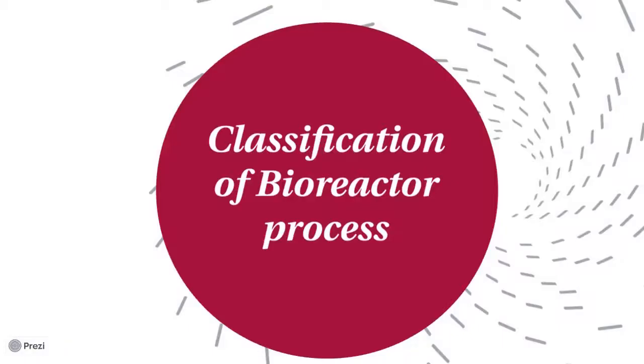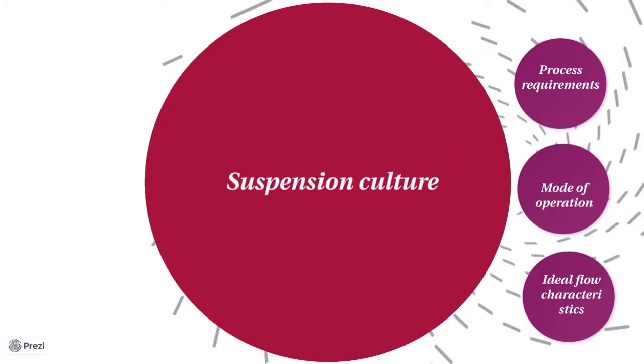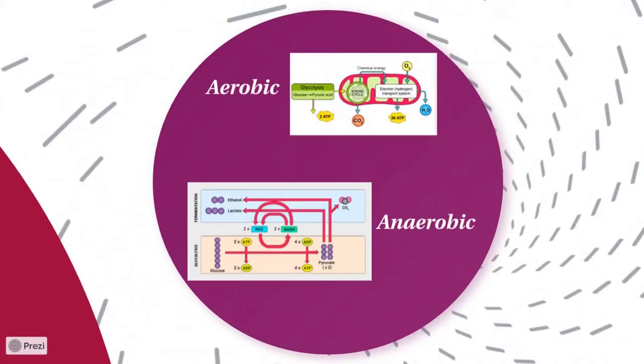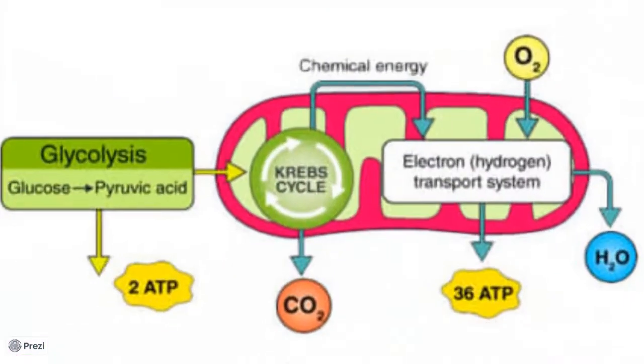The bioreactors have been broadly classified upon various categories as process requirements, mode of operation and ideal flow characteristics for the suspension cultures. Any given process can be broadly classified into aerobic and anaerobic. Aerobic processes are those where oxygen is used as an electron acceptor.